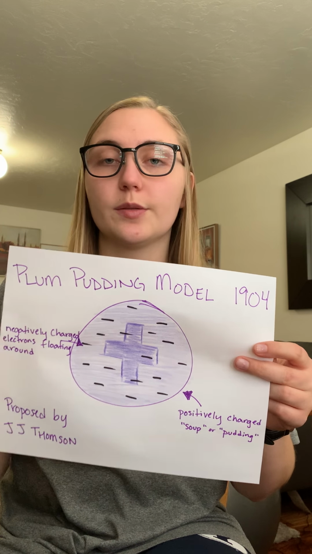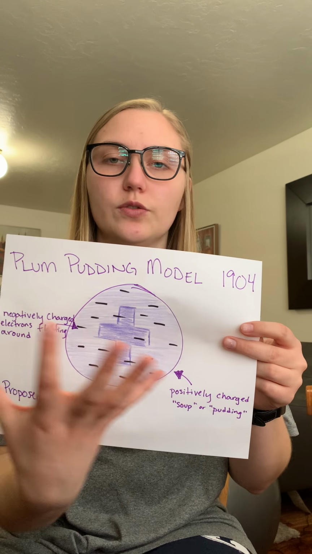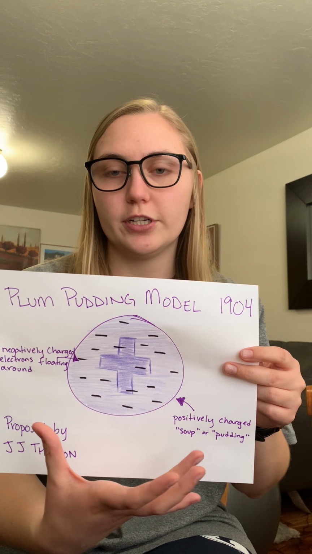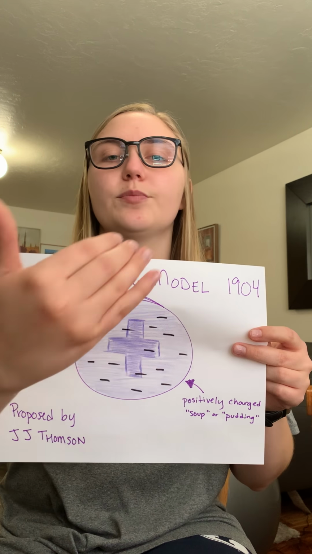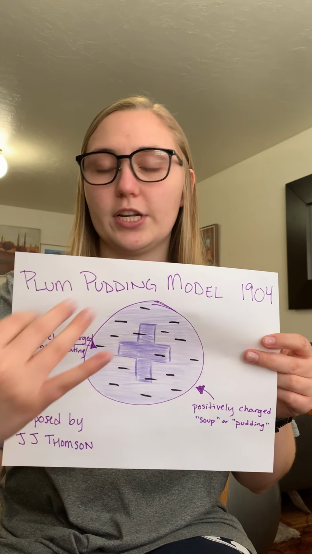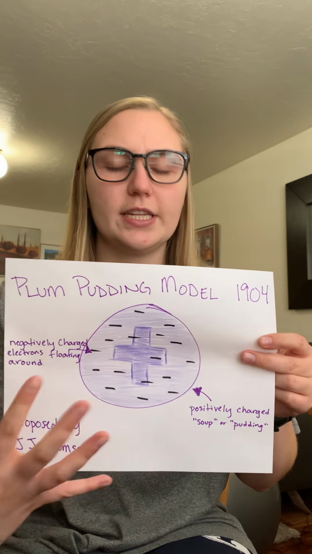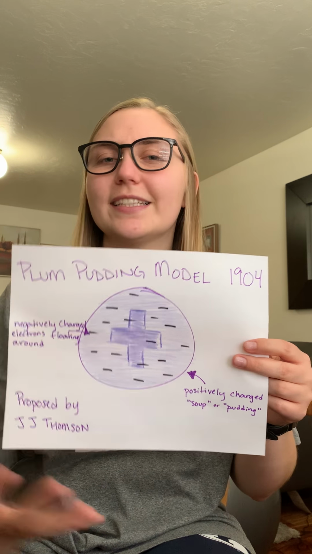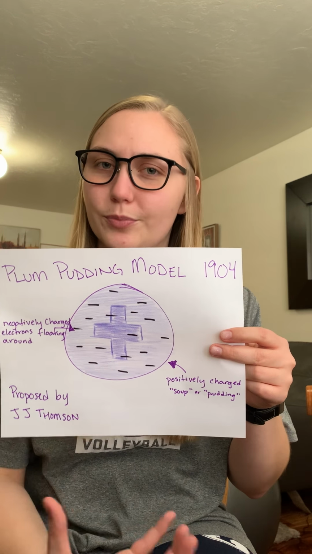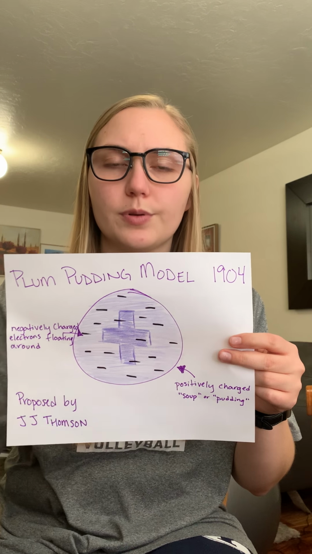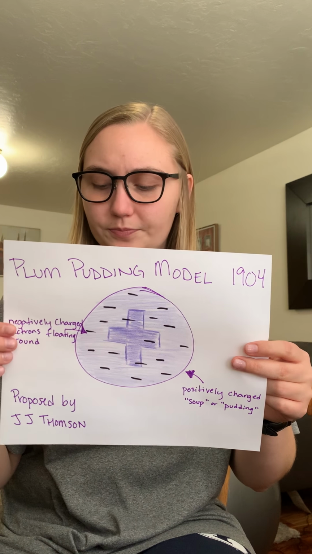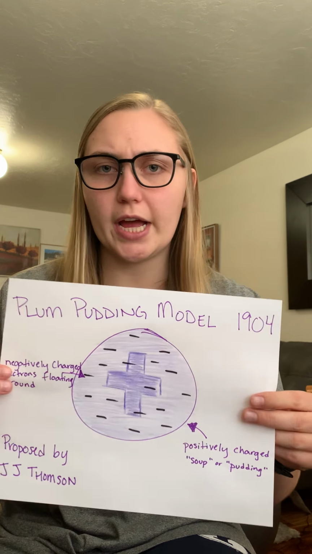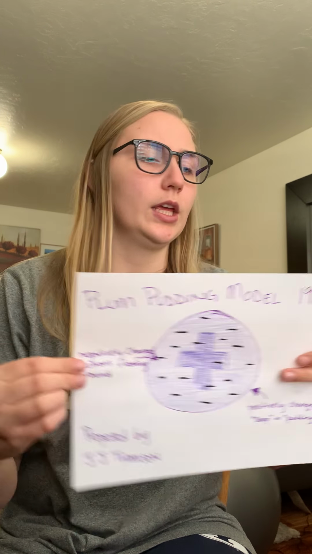That's why it's called plum pudding: this bowl of pudding that is positive charge has negatively charged electrons placed in it. We don't eat plum pudding a lot anymore, but it was a bready pudding with plums or raisins in it. And he proposed this because with the knowledge he had, it was a good idea.